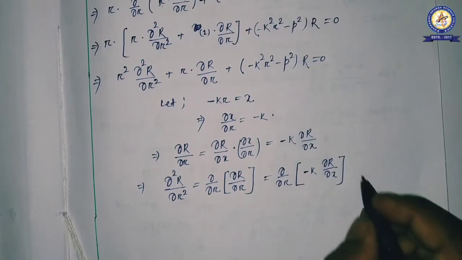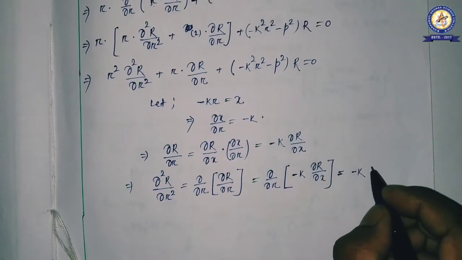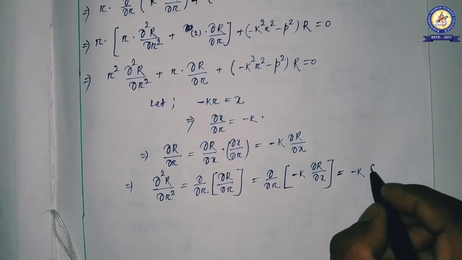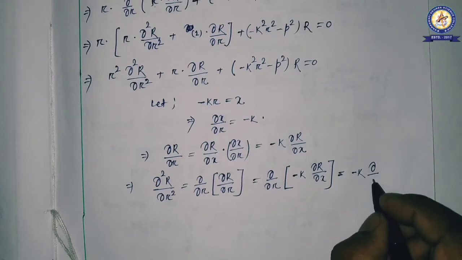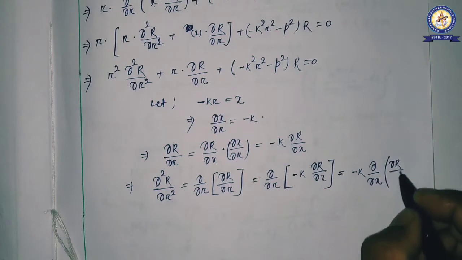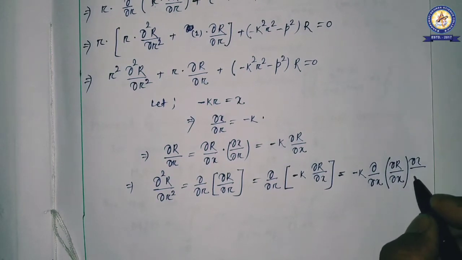So this can be written as minus k, and here you can see in which way I am modifying that, del by del x of del R by del x into del x by del r.